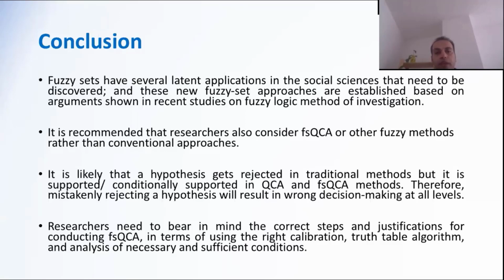It needs to be backed up by theory, and you can't just haphazardly choose 5-value calibration or 7-value calibration, as well as the truth table algorithm and the analysis of necessary and sufficient conditions.